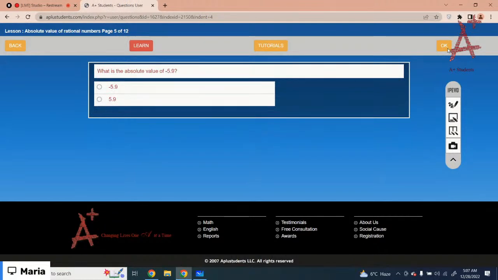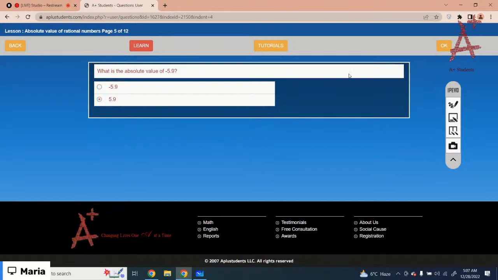Okay, what is the absolute value of negative 5.9? The absolute value of negative 5.9 is, yes, it is positive 5.9.